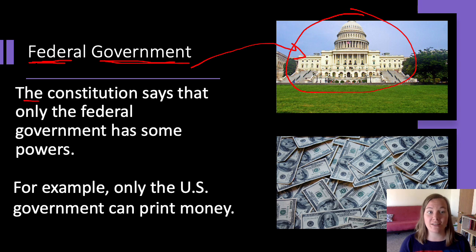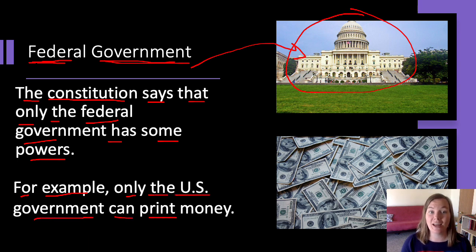So the Constitution says that only the federal government has some powers. So for example, only the U.S. government can print money.